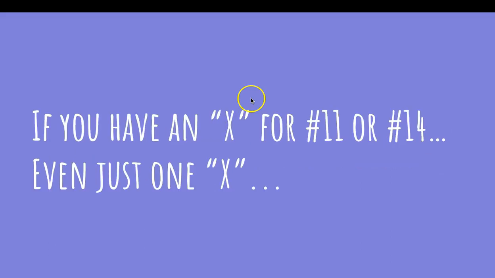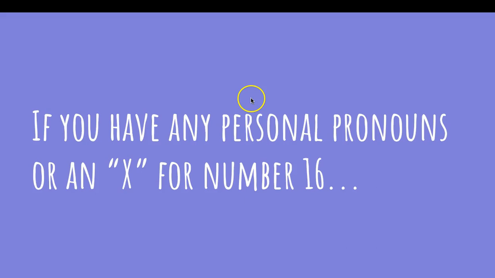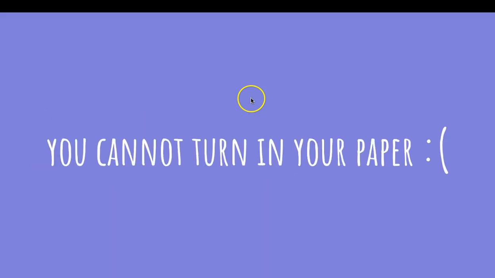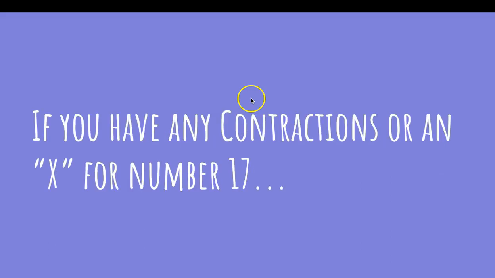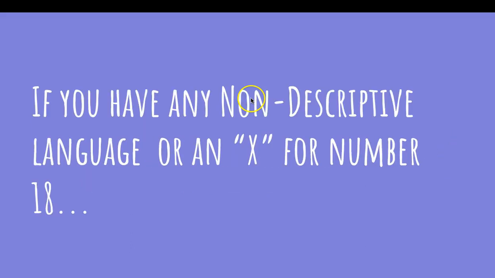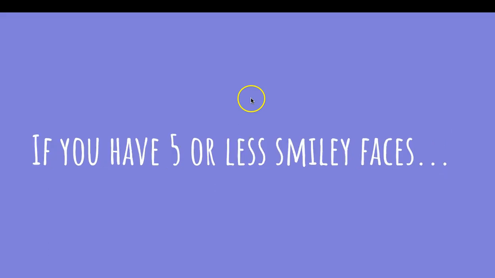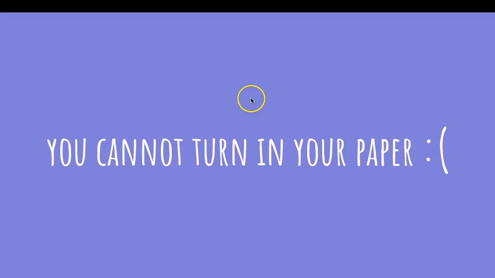If you have an X for number 11 or number 14, even just one X, you cannot turn in your paper. If you have any personal pronouns or an X for number 16, you cannot turn in your paper. If you have any contractions or an X for number 17, you cannot turn in your paper. If you have any non-descriptive language or an X for number 18, you cannot turn in your paper. If you have 5 or less smiley faces, you cannot turn in your paper.